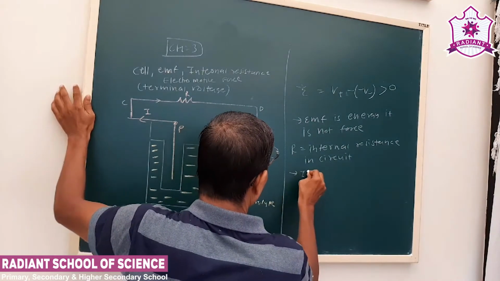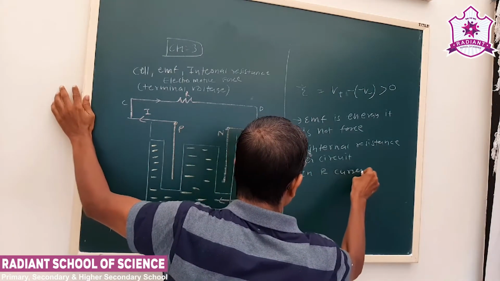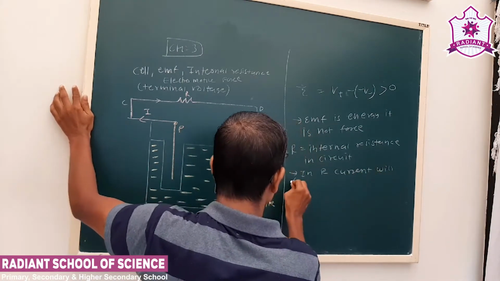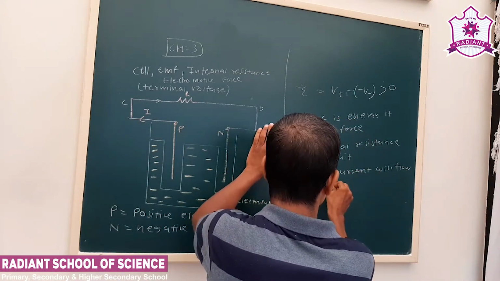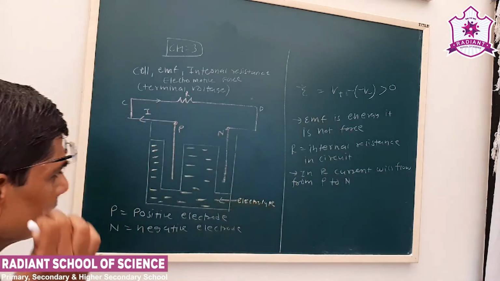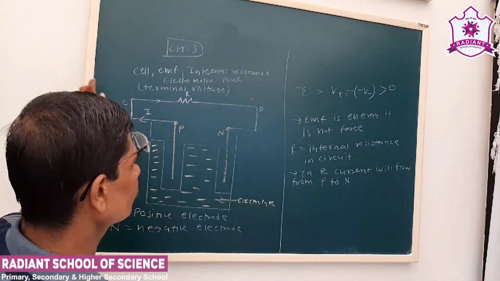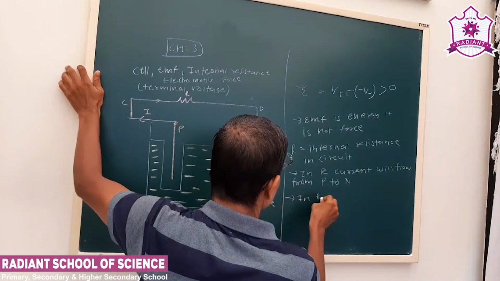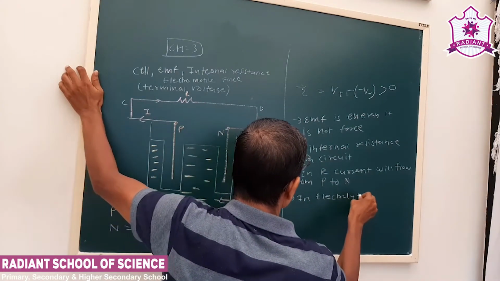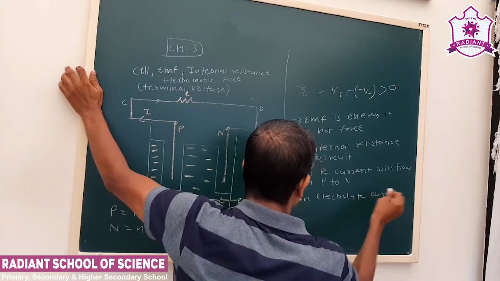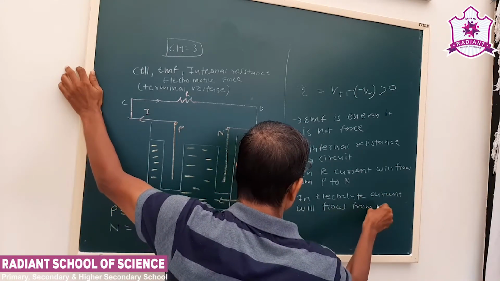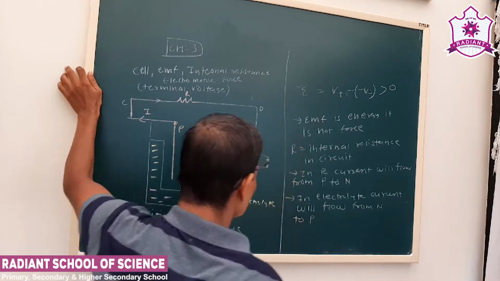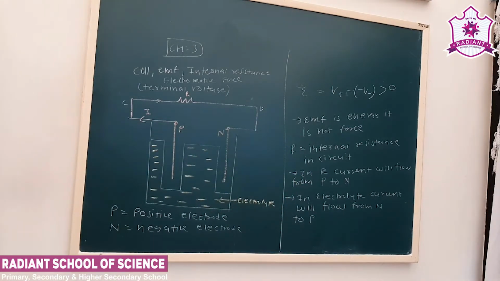So in R the current will flow from P to N. In the electrolyte the current will flow from N to P. So this is what we have about the EMF.